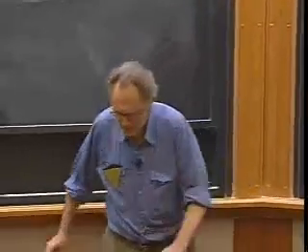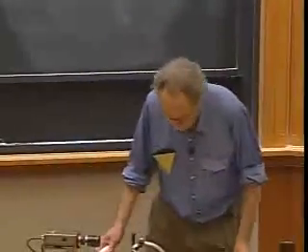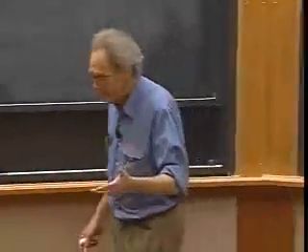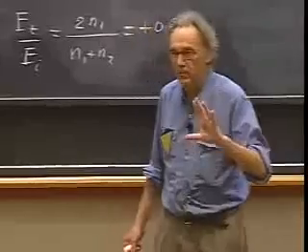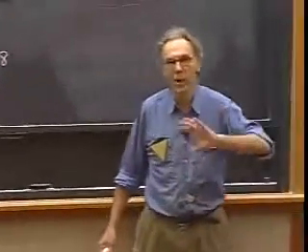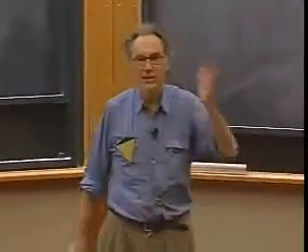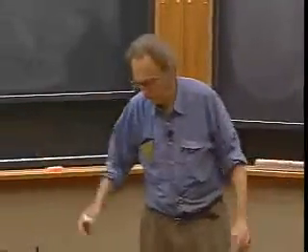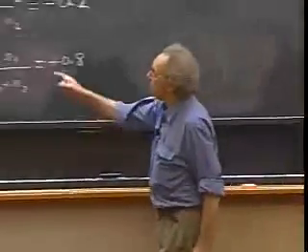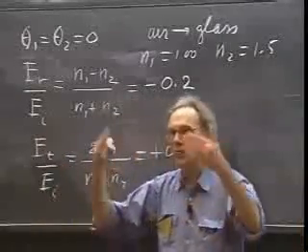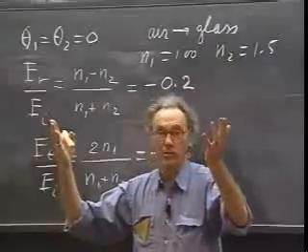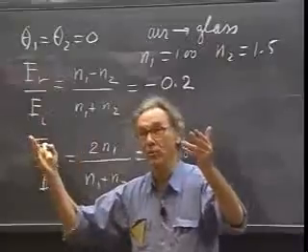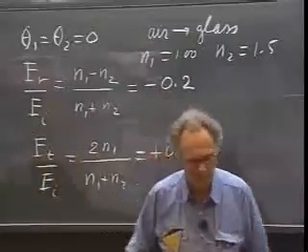And light intensities means I deal with Poynting vectors, E cross B. Well, B in magnitude is always E divided by V. So whenever you compare light intensities, all you have to do is take E squared and then divide it by V. But since the reflected one and the incident one are both in the same medium, I don't even have to worry about V because V is the same in both cases, which is not true when I go from medium 1 to medium 2.